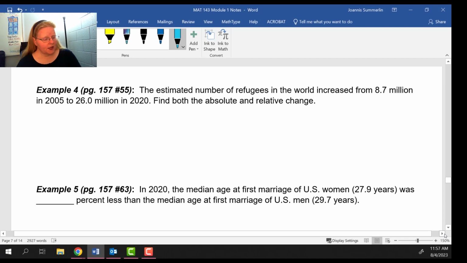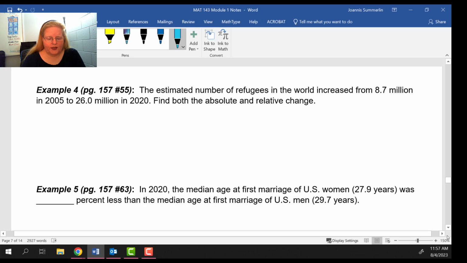So the estimated number of refugees in the world increased from 8.7 million in 2005 to 26 million in 2020. Find both the absolute and relative change. Well, they told you which one to use. They want the relative change and the absolute change, so you know which formula to use. However, even if they didn't, you can tell that this one has to do with time, right?